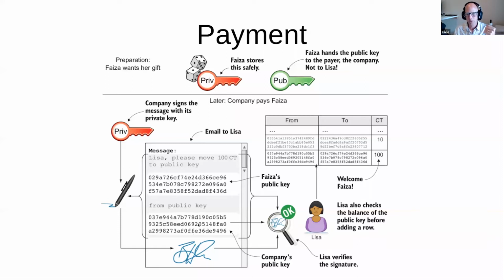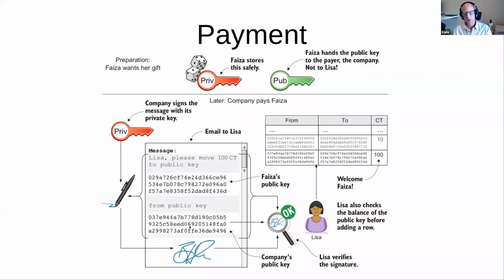Lisa can just see that, okay, I'm about to send money from one public key to another public key. And this message is also then signed by the company's private key. And the signature is attached to the email, like before. So there are no names anymore in these messages, just public keys and signatures.